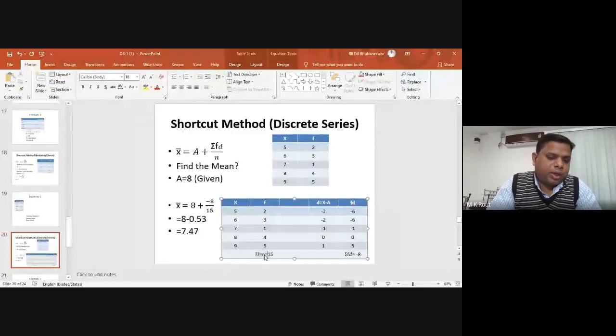It should be kept in mind whenever you solve by various methods like the direct method and shortcut method. Except for the individual series, there is no use of summation of fx. So here the final value of the mean is equal to 7.47.